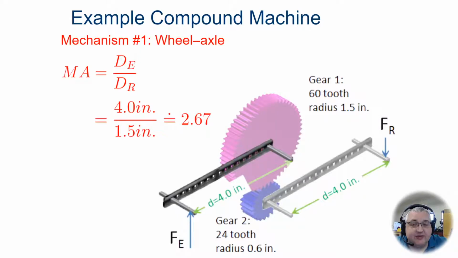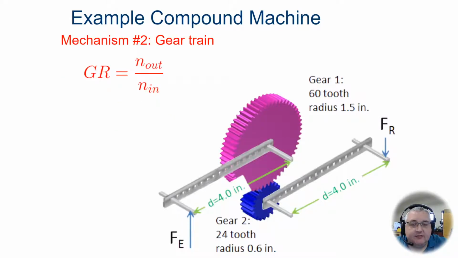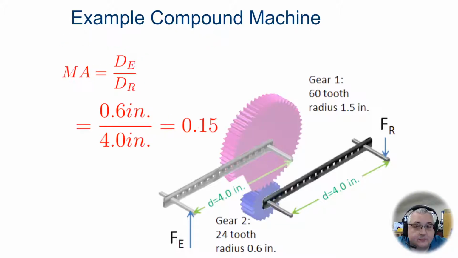We have to be cognizant, we have to use our brains: I'm doing a gear train, so now I have to switch to gear ratio. So number out divided by number in. I can count those. 24 divided by 60, and that's 0.4.